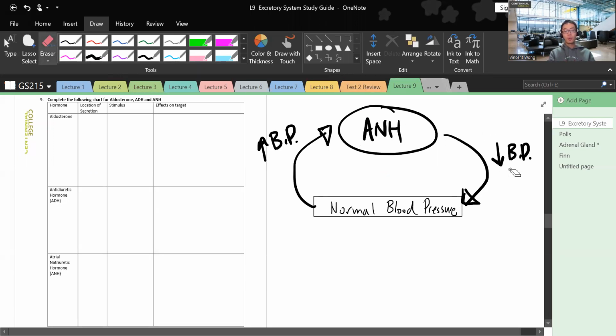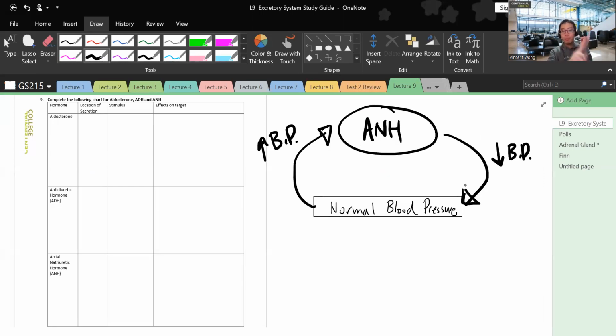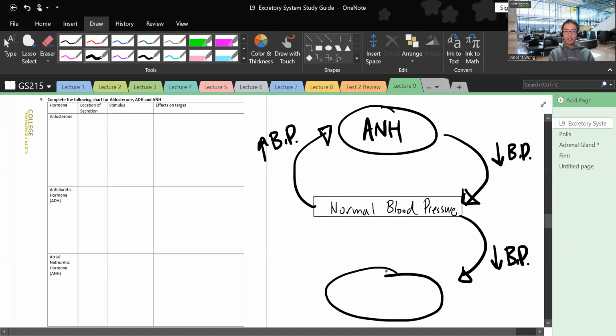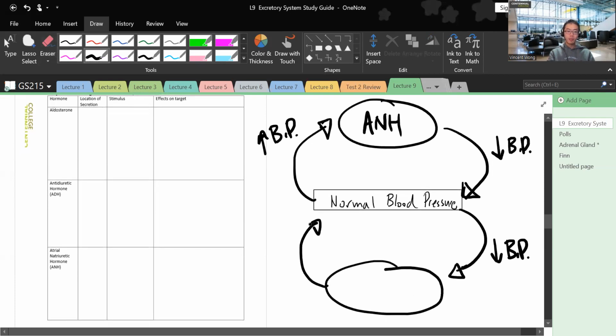ANH will bring the blood pressure back down by suppressing renin, suppressing aldosterone, causing you to pee more, right? If the blood pressure drops, dehydration, blood loss, what have you, we will activate the RAS. But ultimately, what hormone do we need to bring the blood pressure back up?